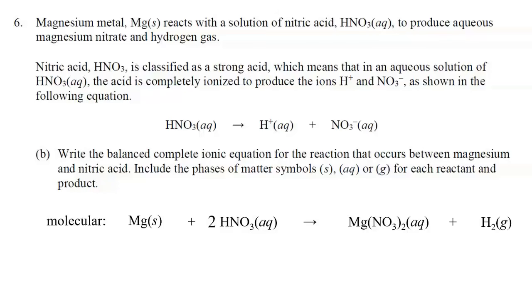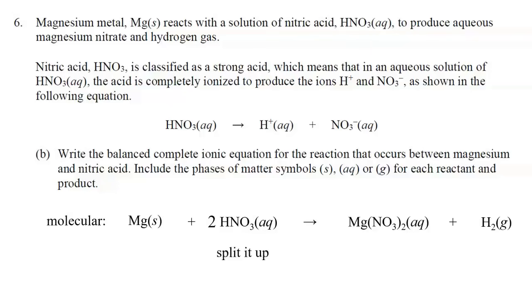We are told that nitric acid, HNO3, is classified as a strong acid, and therefore in solution it is completely ionized into the ions H+ and NO3-. So when we write the complete ionic equation, we're going to split up HNO3 into the separate ions.